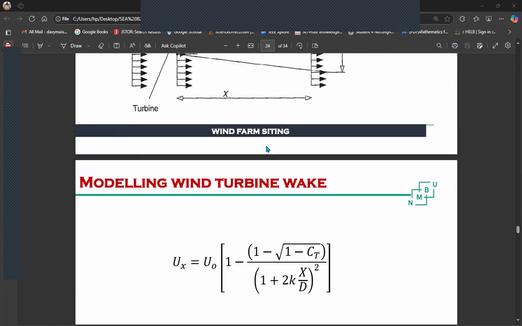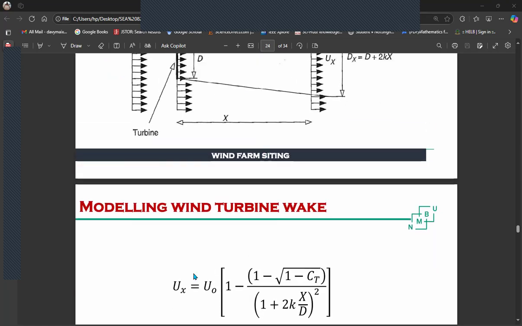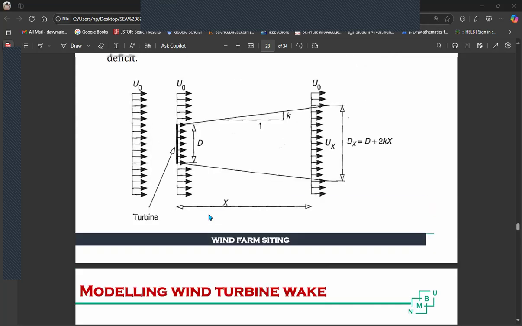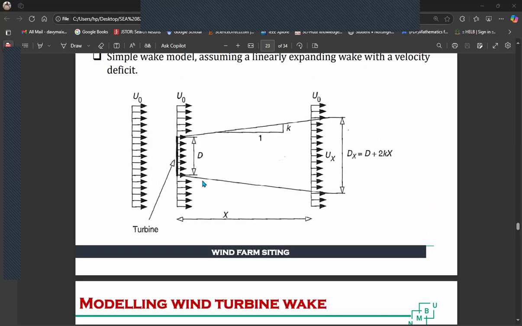So using the formula, we can see that it's very simple. We have the speed at the downstream turbine, which is ux, and is equal to, then you have u0. As you can see in this diagram, u0 is the speed experienced by the upstream turbine.